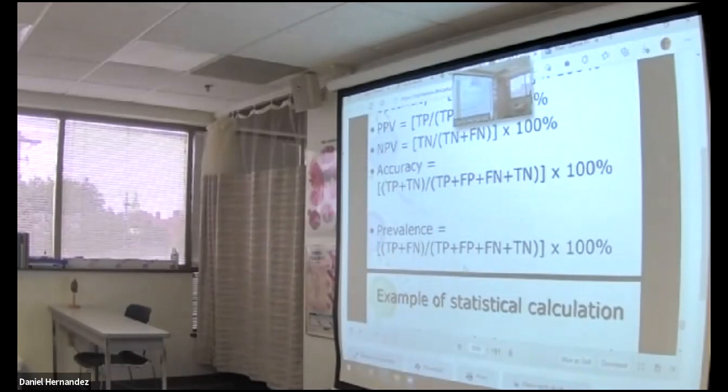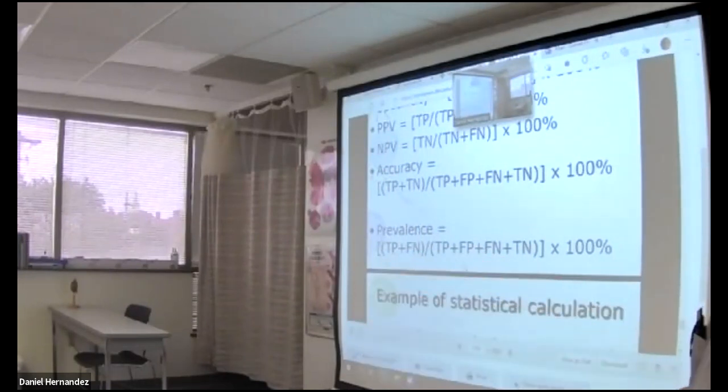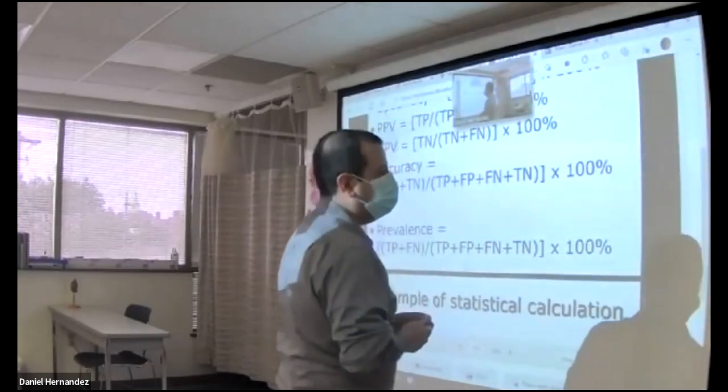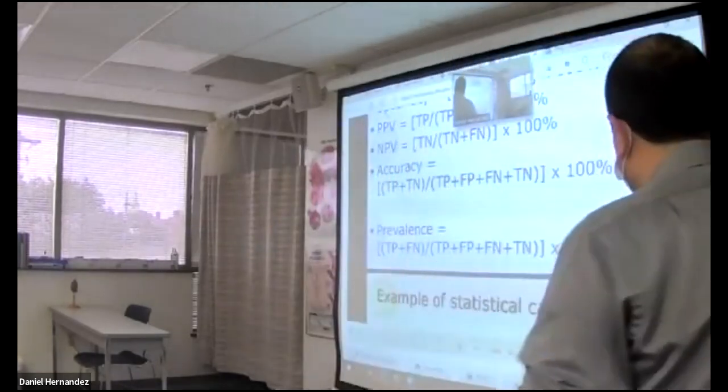So if you go back to your has disease, this is a measure of how many people actually have the disease. So the people in this column that actually have the disease over all the people within your study. So over everyone, that's your prevalence. How many people actually have the disease, or how common is the disease, or prevalence of the disease. So basically everyone who actually has the disease compared to everyone within your study.